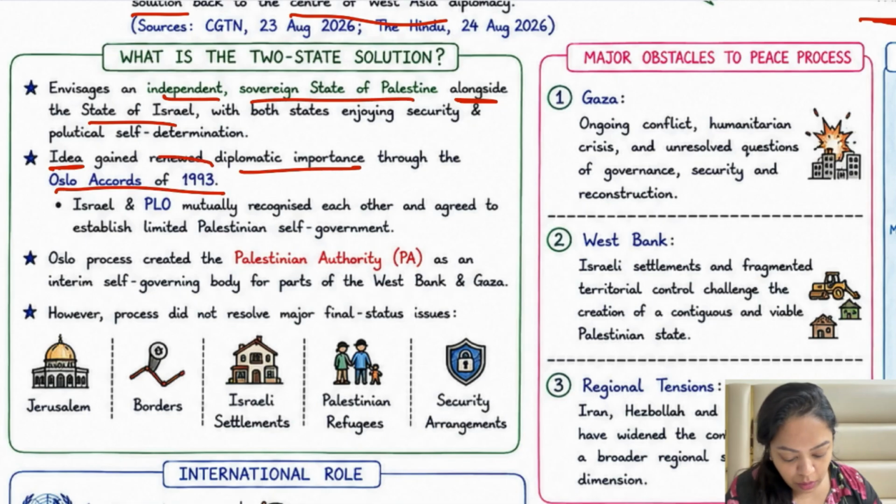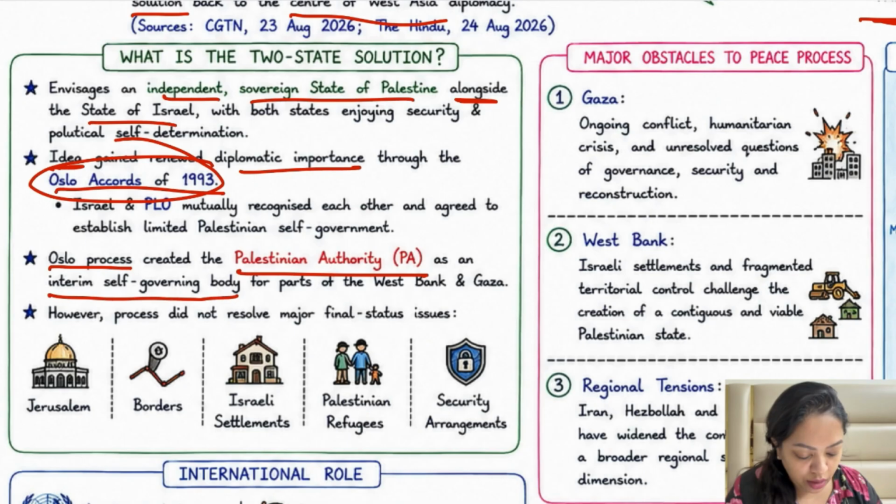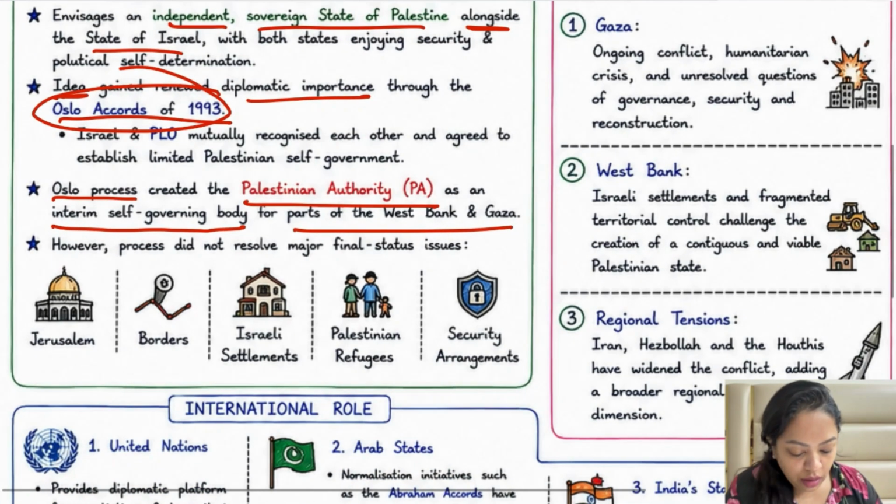You can also be asked about these accords in prelims, and then they can give what it is related to, right? So just keep this in mind. Now the Oslo process created the Palestinian Authority as an interim self-governing body for parts of the West Bank and Gaza. So in the end, it has not been resolved, and there are some issues that still remain, right?